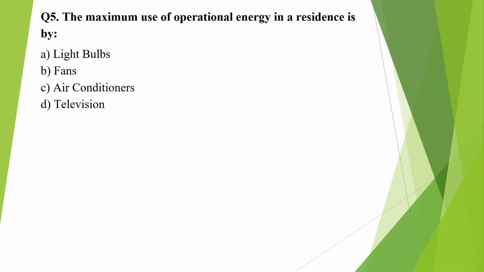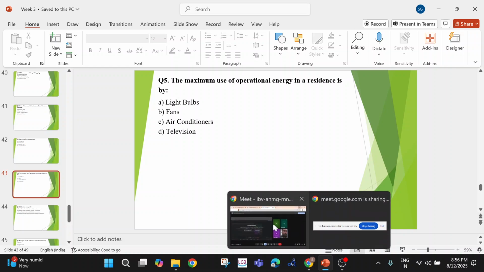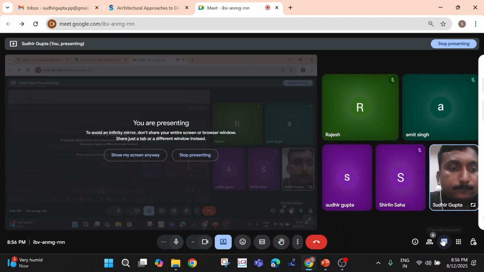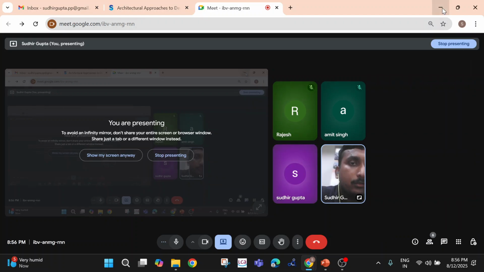I hope all of you are able to answer this question correctly. Yeah, so 5C. Rajesh is first to answer here also, and he has answered it correctly, and all of you are also going in the right direction.